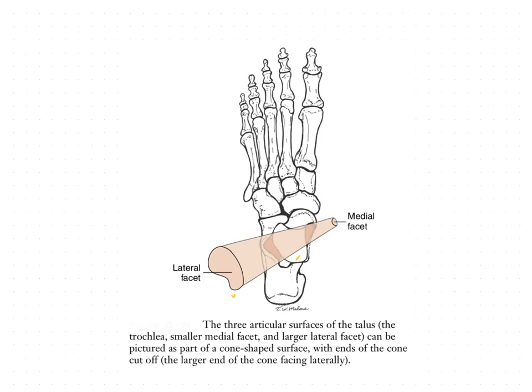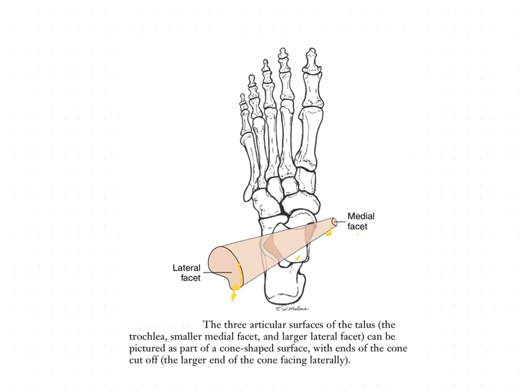The asymmetry in size and orientation of the facets means that the distal fibula moving on the larger lateral facet of the talus may undergo greater displacement than the tibial malleolus as the tibia and fibula move together during dorsiflexion.